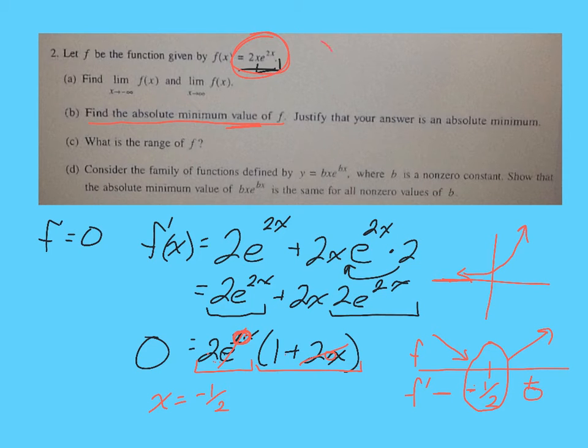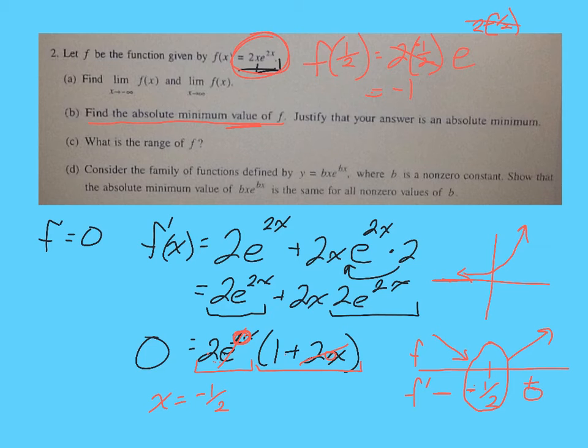So I'm going to go up here, and I'm going to take f of negative 1/2. 2 times negative 1/2, and we get e raised to the 2 times, sorry, this is negative 1/2. So that cancels, that's a negative 1.